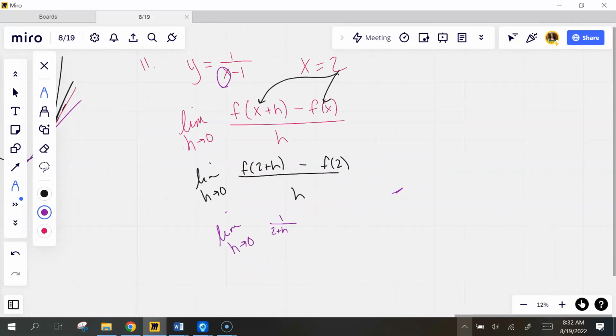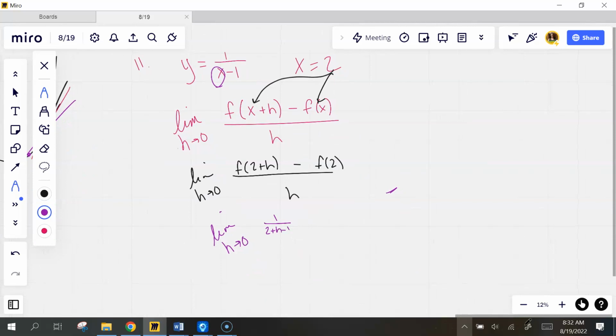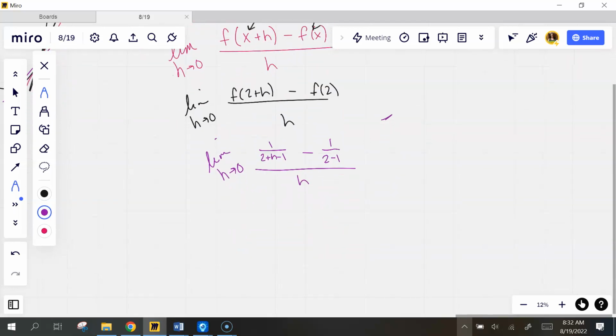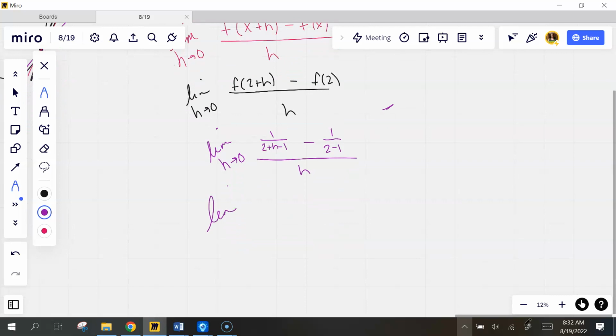These are fun, I think. I said that yesterday. I thought it was crazy. Minus f of 2, so now I'm going to plug 2 in for x, so 1 over 2 minus 1. Everybody goes over h. This is the limit as h, and get in the habit, I know that's aggravating to write that every time and every step, but do it because you can lose points if you don't.